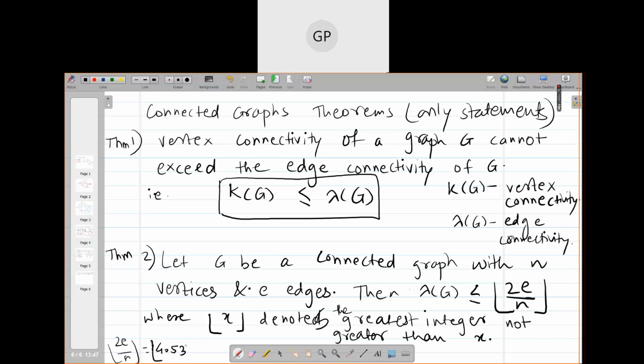Suppose the answer is 4.53, will you take 4.53 as edge connectivity? No. You have to write it as 4. The greatest integer not greater than x, meaning we do not want an integer bigger than 4.53. We will write the integer part of 4.53. Okay? Finished writing the theorems?